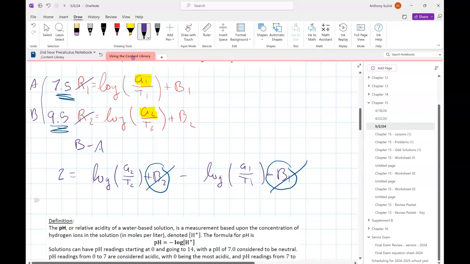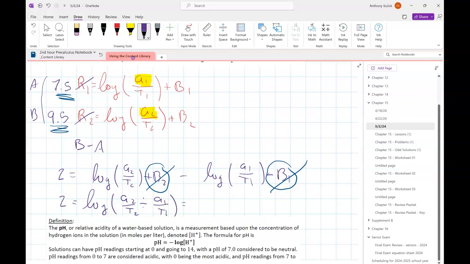Now I'm going to use my properties of logarithms, right? Because I notice I have the subtraction of 2 logs. What property of logarithms can I use there? The division property or quotient property, right? So that's going to be log of the positive piece divided by the negative piece.